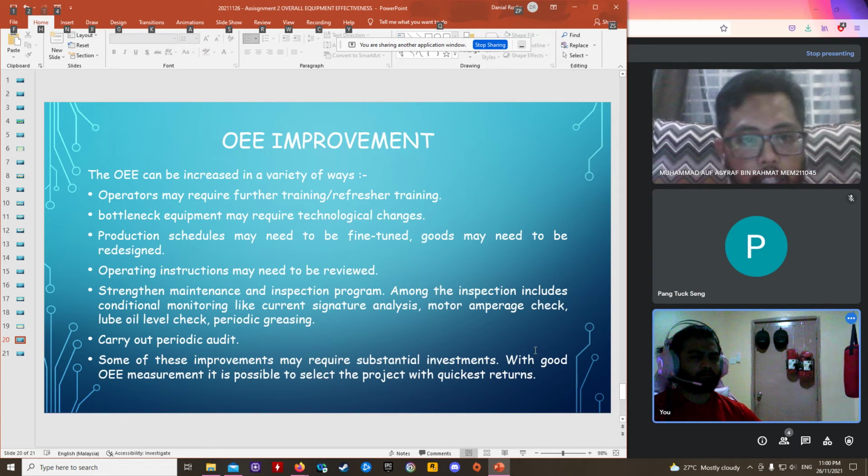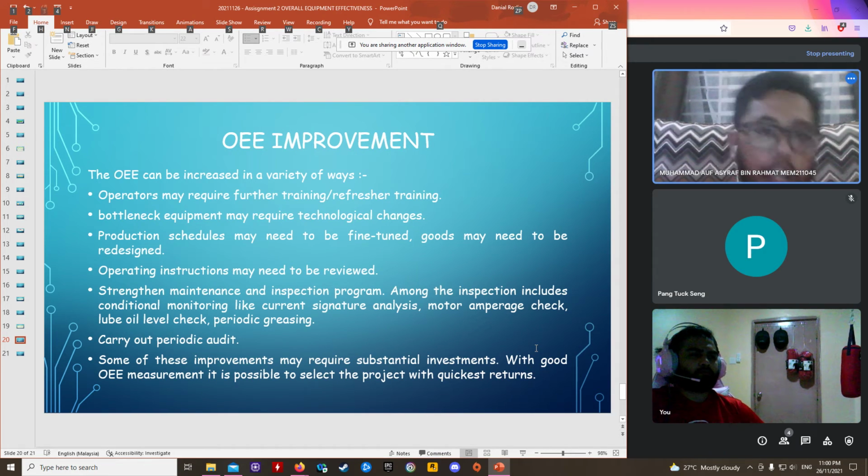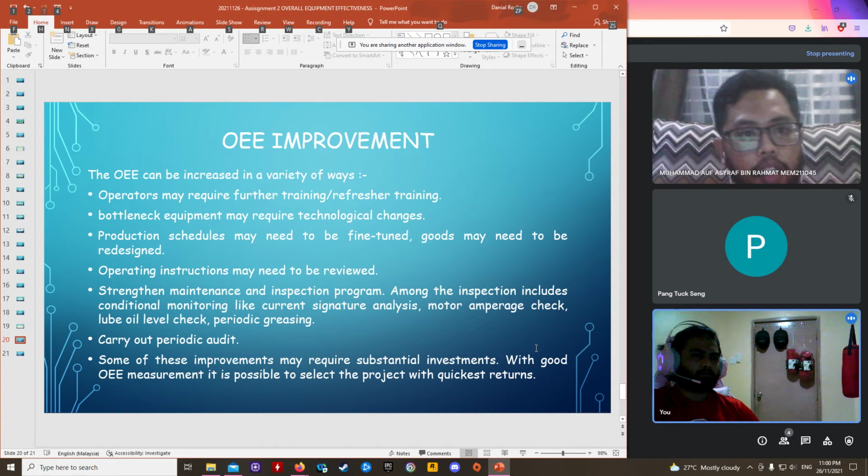Other than that, other factors that can improve OEE: the operators may need further training and refresher training. Bottleneck equipment may require technology changes. The production schedule may need to be fine tuned. Goods may need to be redesigned.